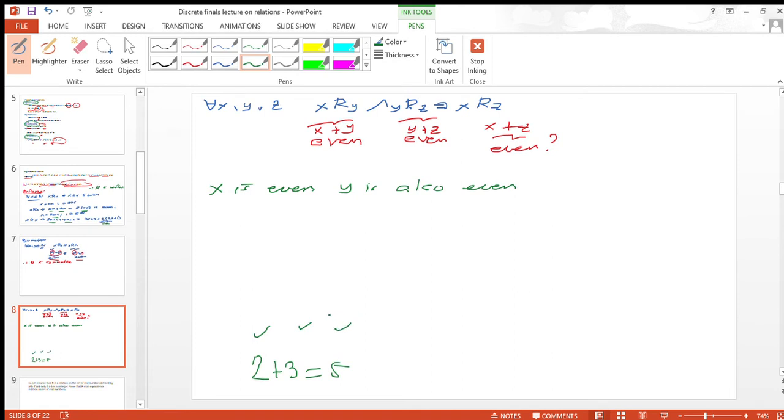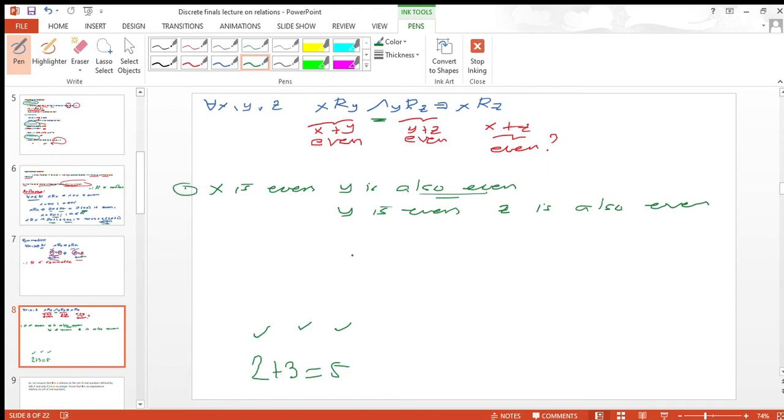That cannot happen. So that should mean that since this is an assumption, for the second, y is even. For this condition, y is even, z is also even. So this is our case 1.